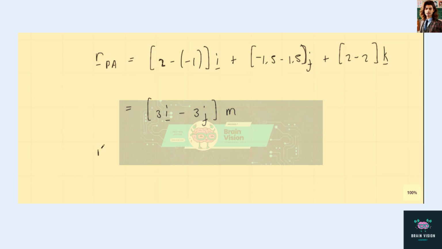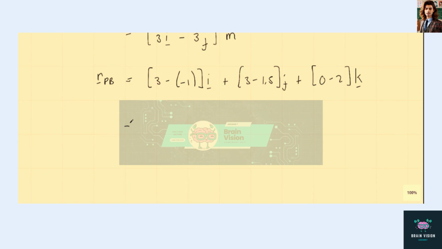Now we also want to calculate our r_PB. So our r_PB is equal to 3 minus 1 i plus 3 minus 1.5 j plus 0 minus 2 k.